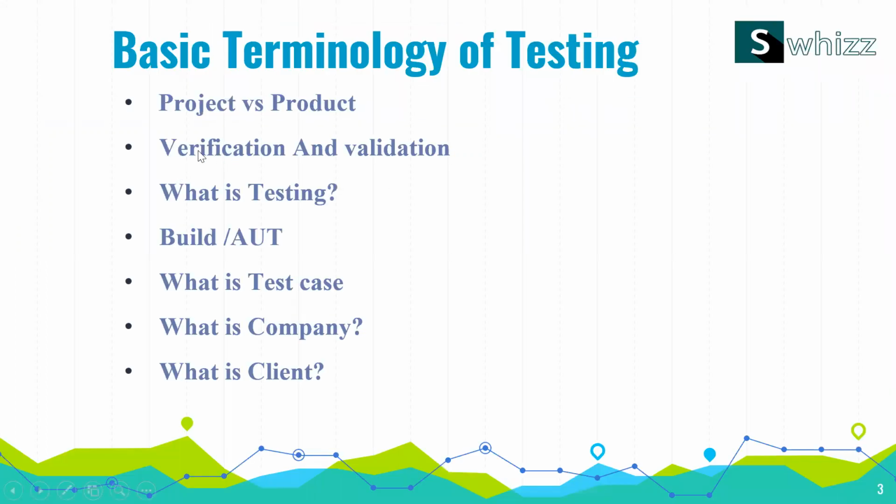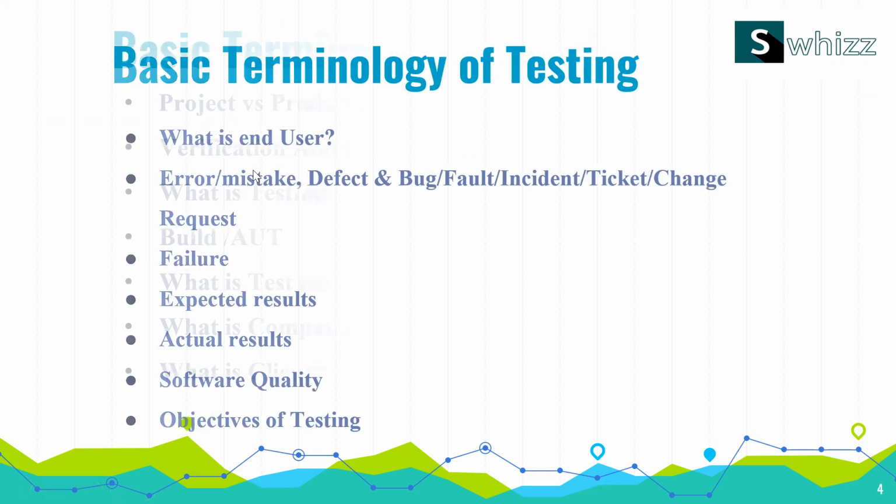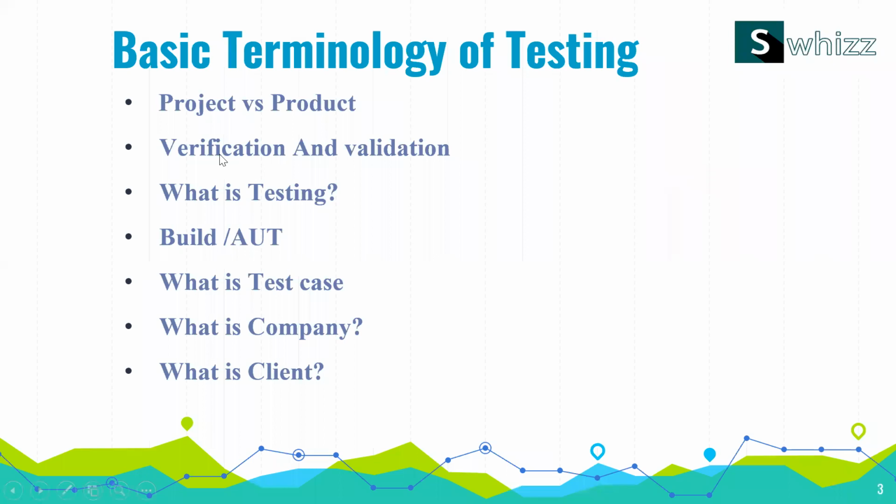So we have already discussed verification and validation in the previous session. Let's discuss once again what a verification process is and what a validation process is. Verification is done by the developers. It is a process to verify whether the developers developed the features according to the requirements or not.